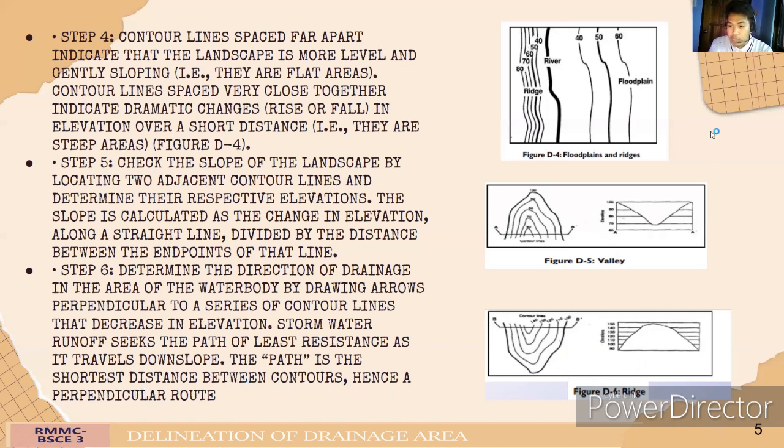So for example, the ridge is the opposite of the valley. The ridge is like this, it goes up, and this is the valley. This is an example of step number 6. So we should determine the direction of drainage in the area of the water body by drawing the arrows. Drawing the arrows directly, for example, here.